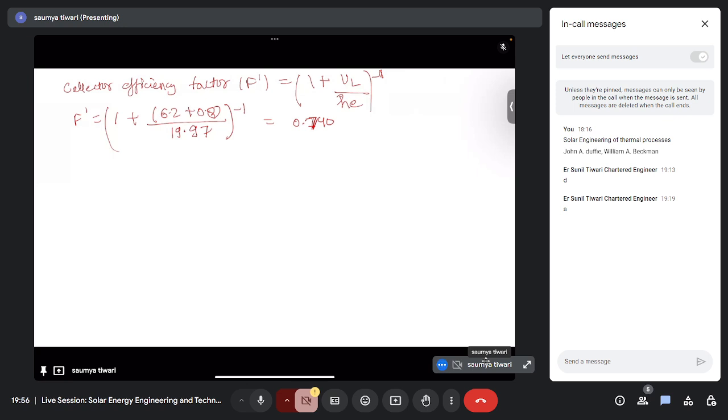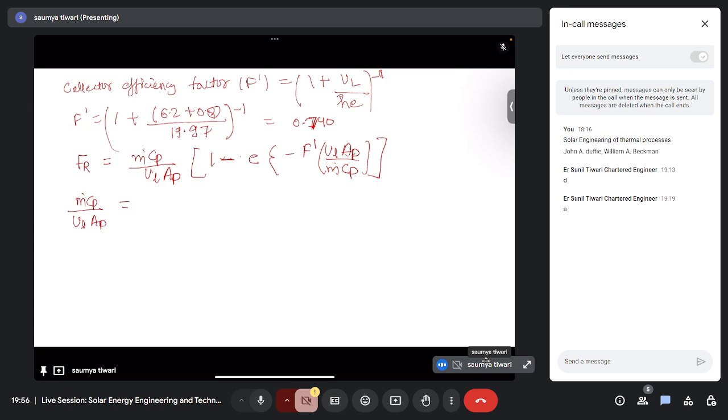Now, if you want to calculate the FR, if you remember the formula, it is m dot Cp upon UL Ap into 1 minus e to power minus of F dash into this inverse. So it will be m dot Cp over UL Ap. We will calculate this m dot Cp value.